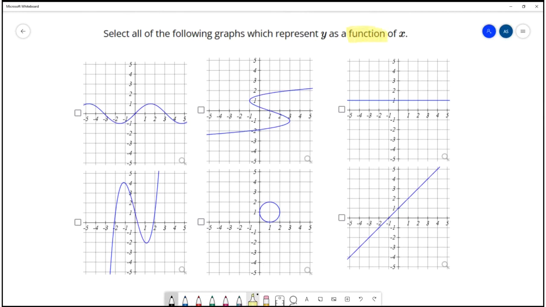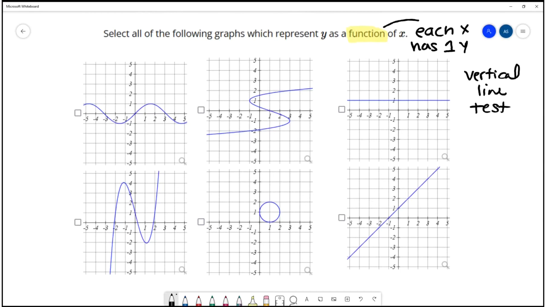The definition of a function is that it has to have this special property where each x has exactly one y. And we use a test that's called the vertical line test to tell whether each x has one y.